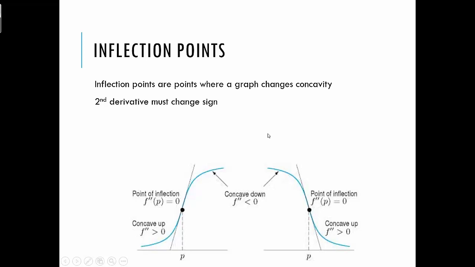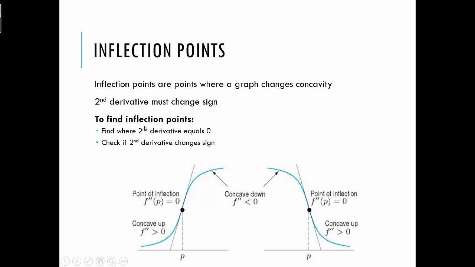And what we like about inflection points is they're where the slope is the steepest. It's either increasing the fastest or decreasing the fastest. And we find this where the second derivative equals 0.